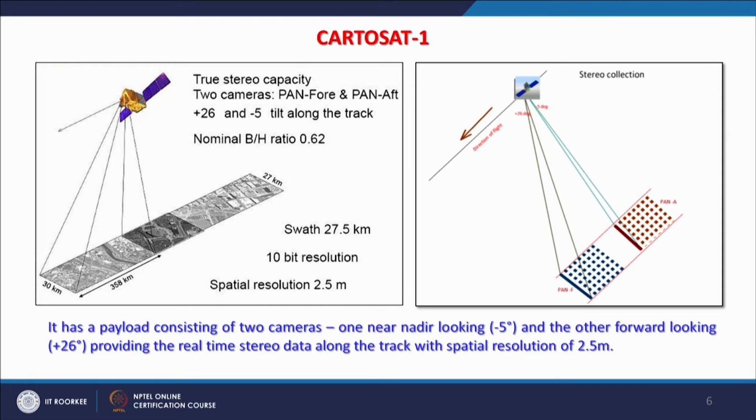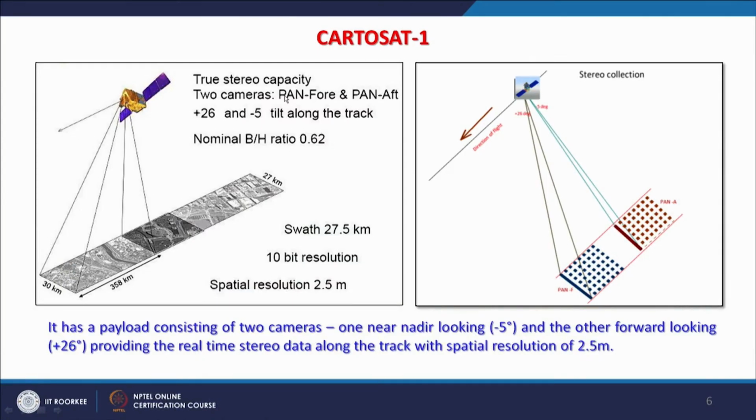So this is what you see, true stereo capacity: two different angles of the same area were covered simultaneously. Two cameras were there together, one called pan fore and another called pan aft, and they had a tilt angle of plus 26 degree looking forward and minus 5 tilt along the track.